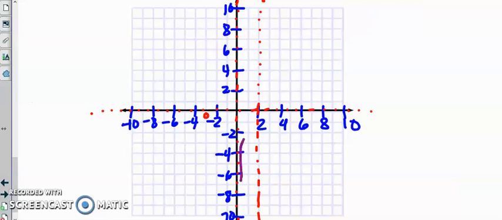So on the inside, it comes like here. On this side, it comes this way. And on the left side, it does something a little weird. So it actually starts a little bit below the asymptote. It hits that, and then it goes above the asymptote.